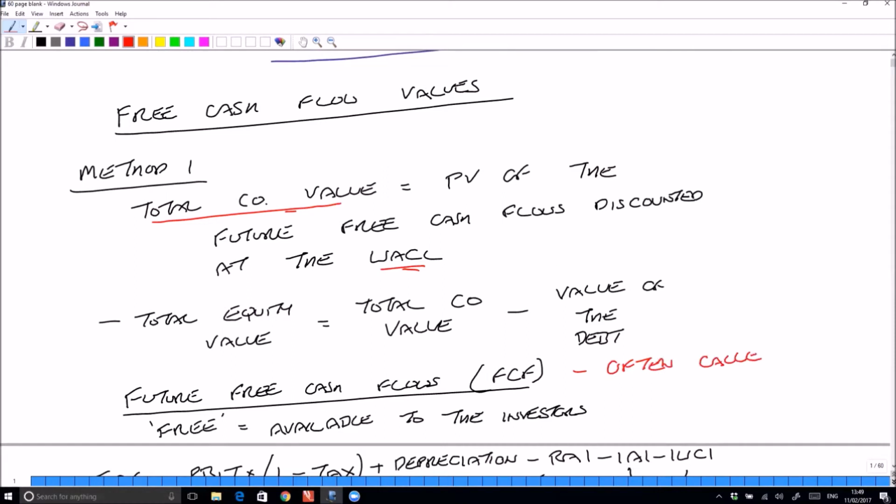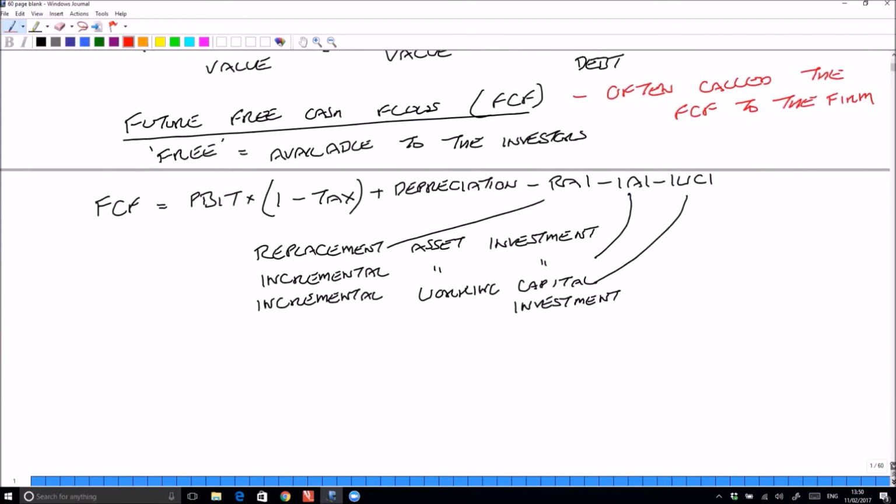This is often called the free cash flows to the firm. And when the examiner writes that, he's meaning what I would just call the free cash flows. In other words, the free cash flows available to everybody. Good. Thanks, Michael. Excellent.